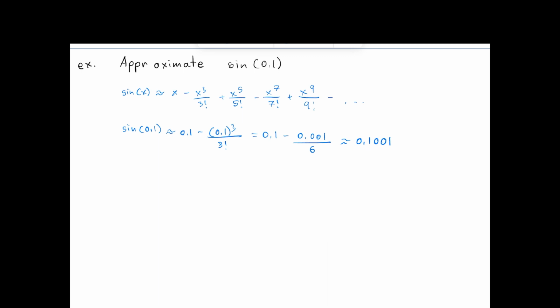And, well, how good of an approximation do we have?